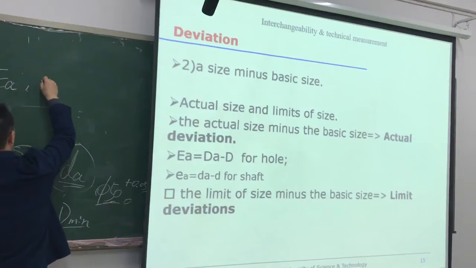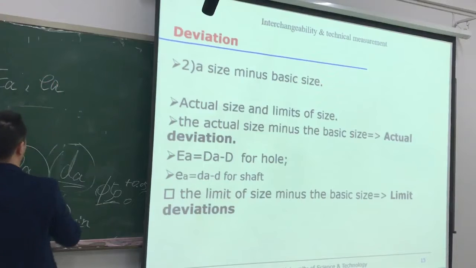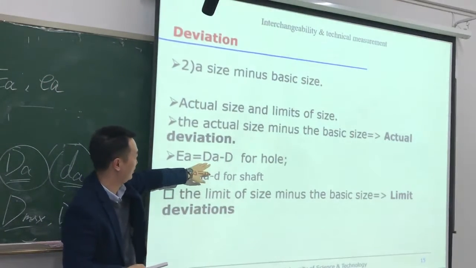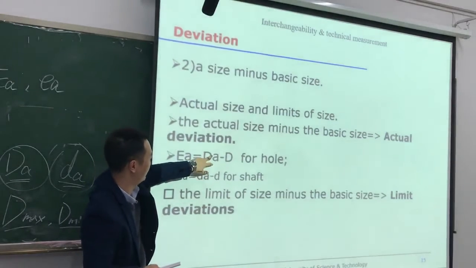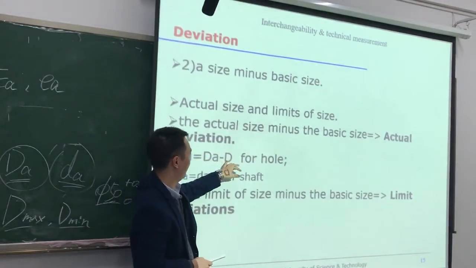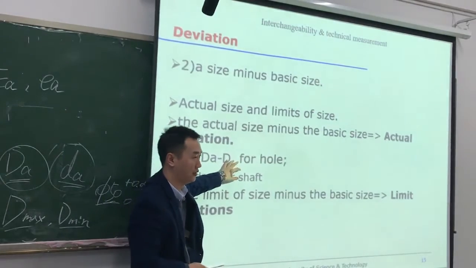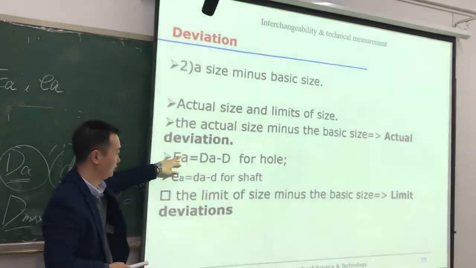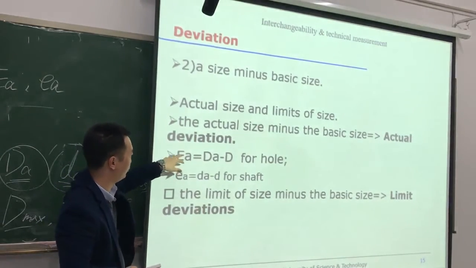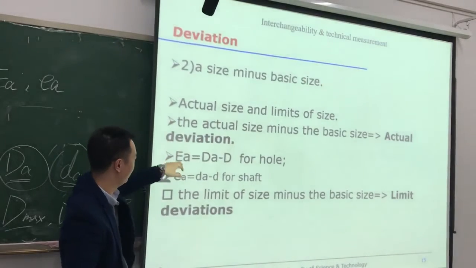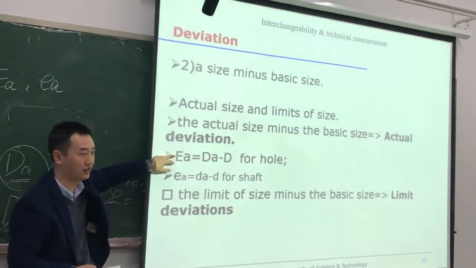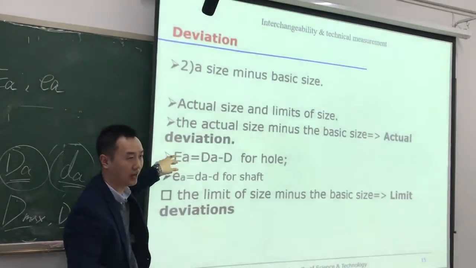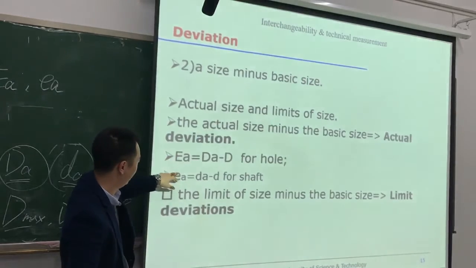These two symbols: EA equals the actual size of a hole minus the basic size. To get this actual deviation for the hole, we use capital E. You can think of this E as the short form of error.